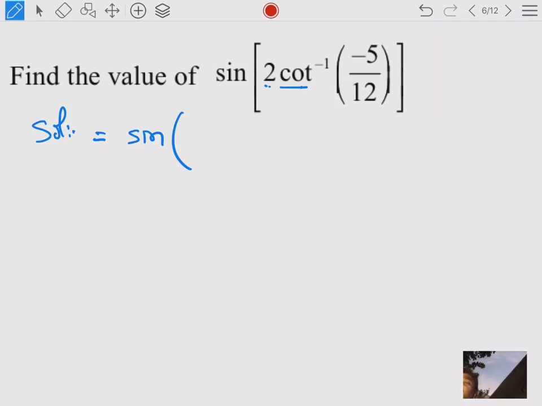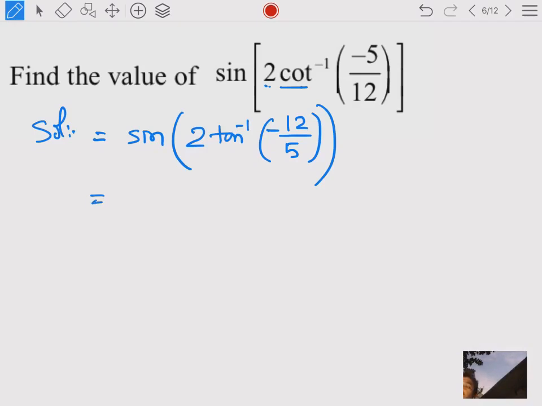So we can write here 2 tan inverse of 12 by minus 5. We can write here minus 12 by 5.